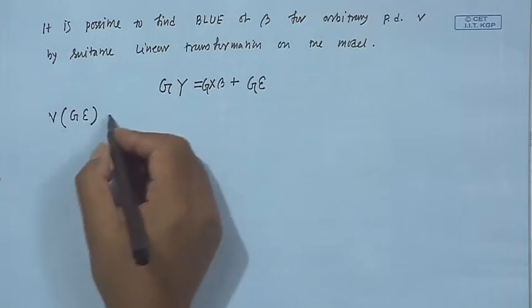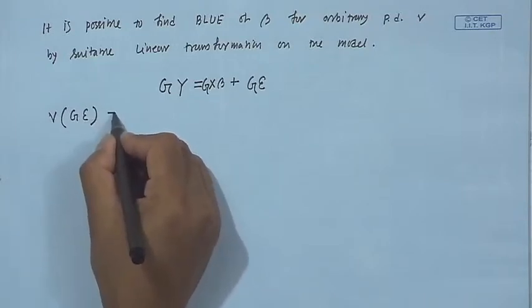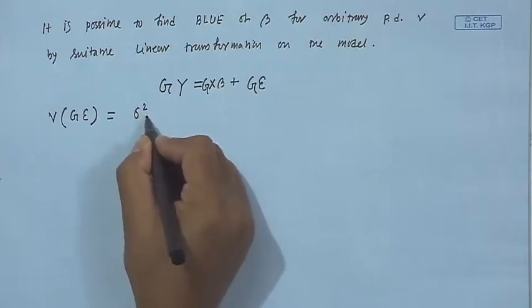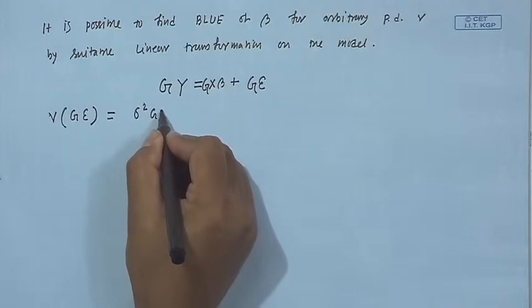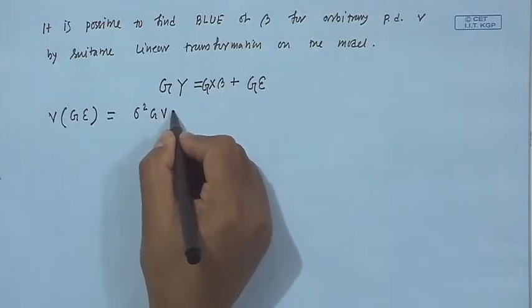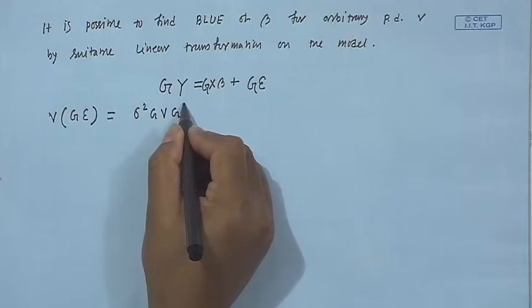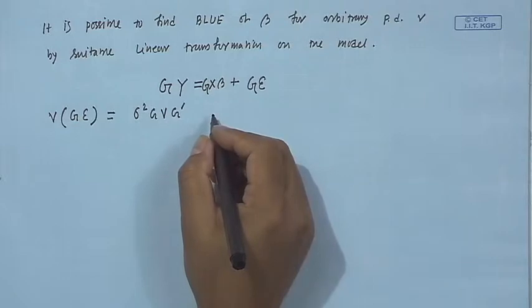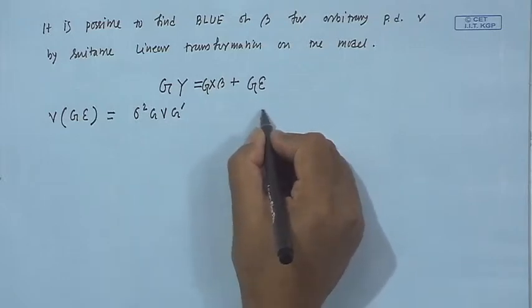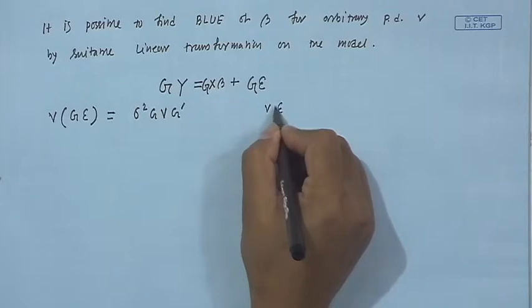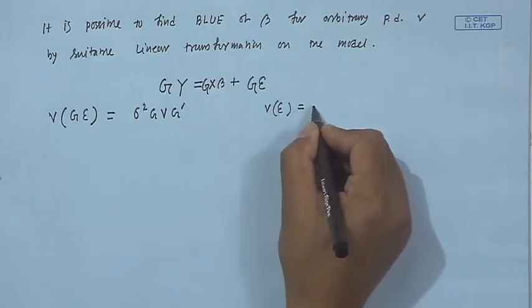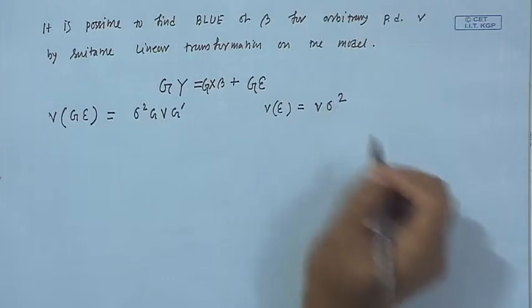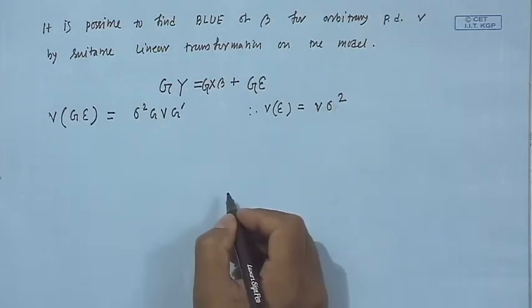The variance of G epsilon is equal to sigma square G V G prime, okay, because the variance of epsilon is equal to V sigma square. Okay.